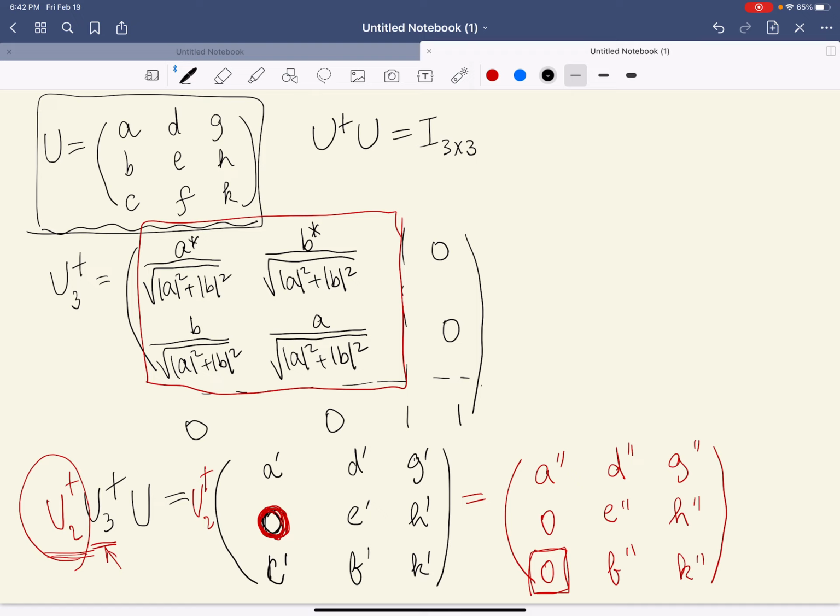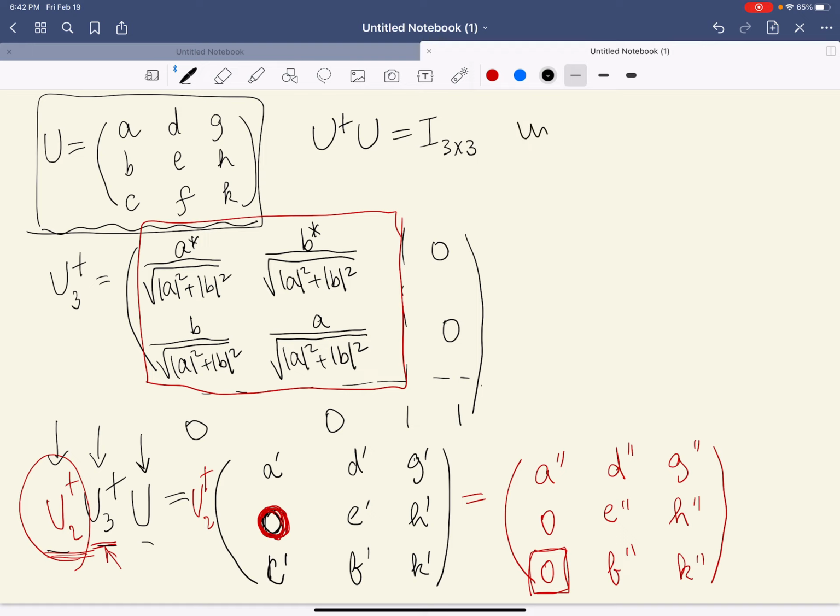Now, this is a unitary matrix by assumption, and this is also a unitary matrix. You can check, and this is also a unitary matrix. And when you make a product of unitary matrices, the result is still a unitary matrix.